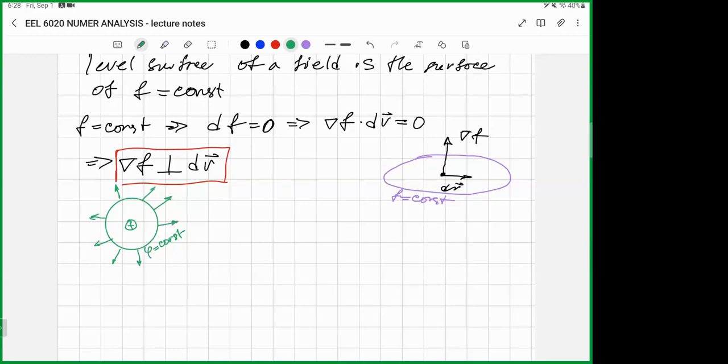In this case it's called the potential surface, so basically the surface of constant potential, and the corresponding gradient is directed like this, and the minus of this gradient of potential gives us the electric field, as we probably know. So in this case, the gradient allows us to connect the potential and the electric field.